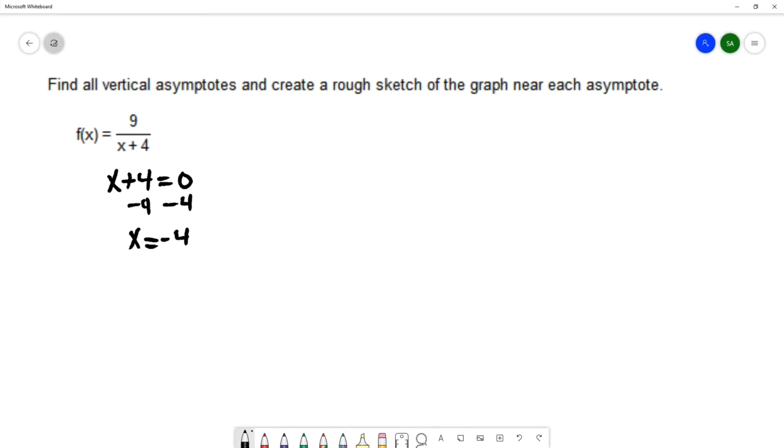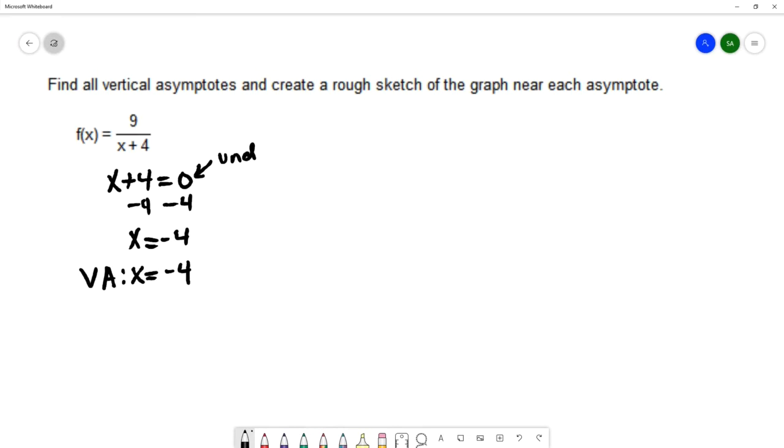By setting the denominator equal to 0, we're finding where your function is undefined, because division by 0 is undefined. And that location is going to be the location of your vertical asymptote.